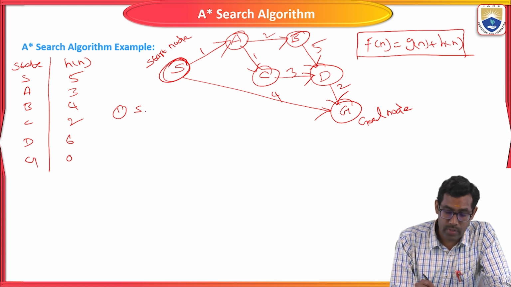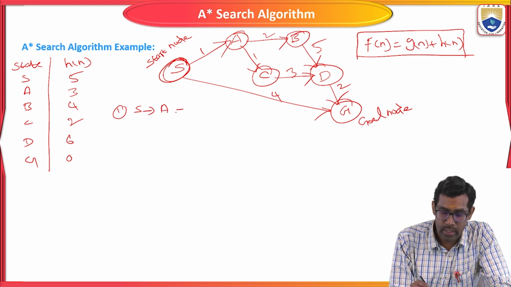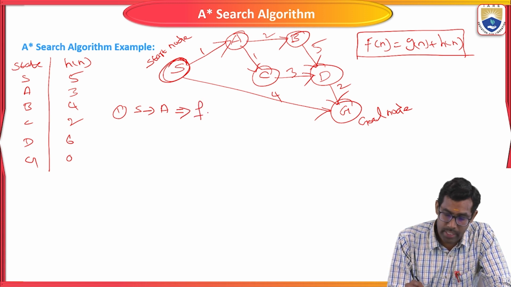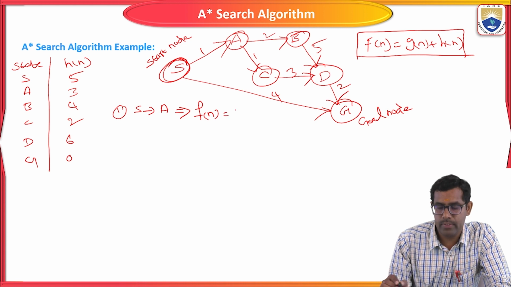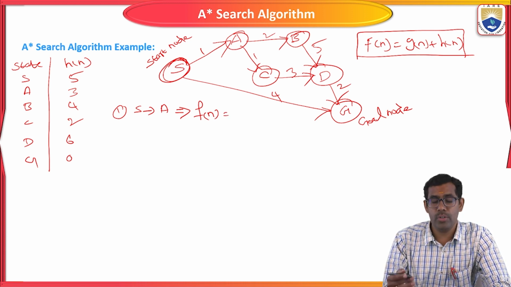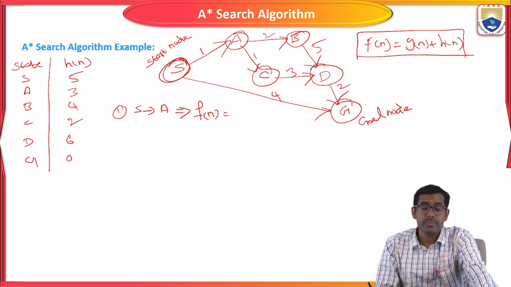Now we are going to consider S to A first. From this we are going to calculate the f of n value, the function of heuristic value.